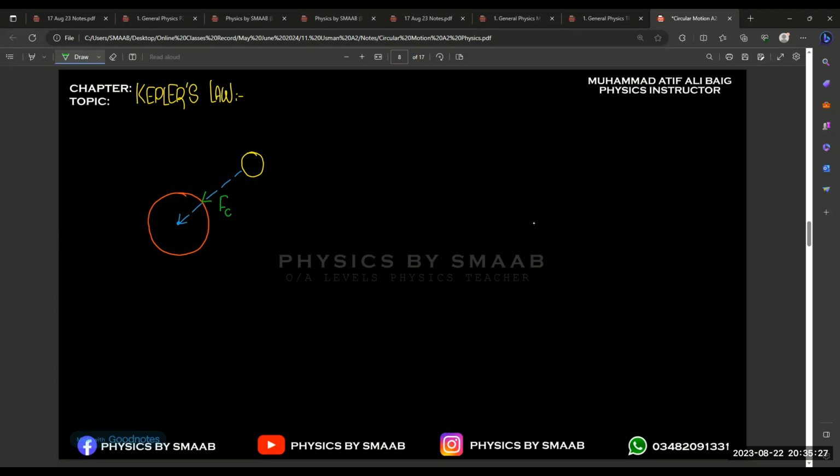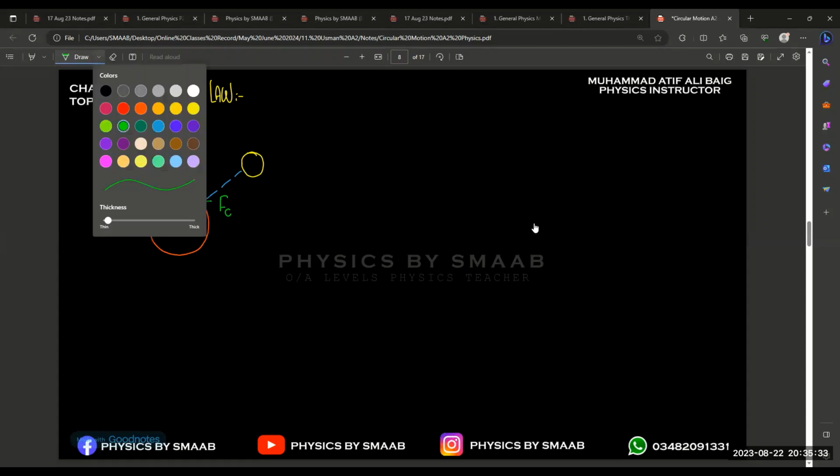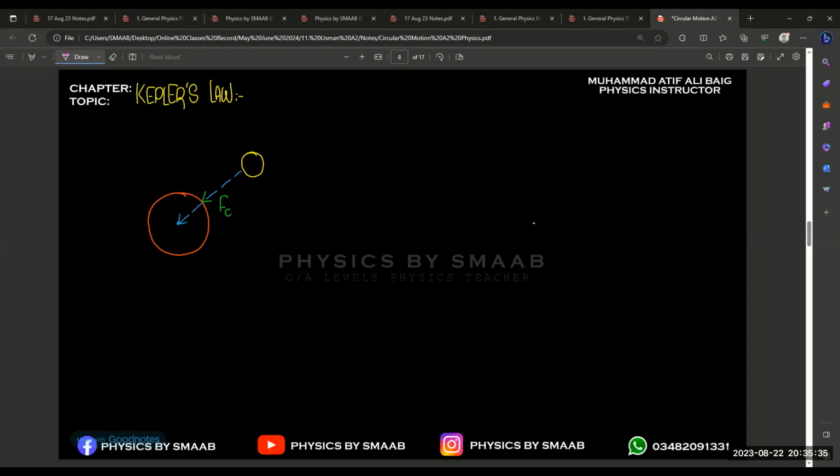Plus, if we talk about the gravitational force, it is also going to act towards the center, right? Okay, clear? Any confusion?